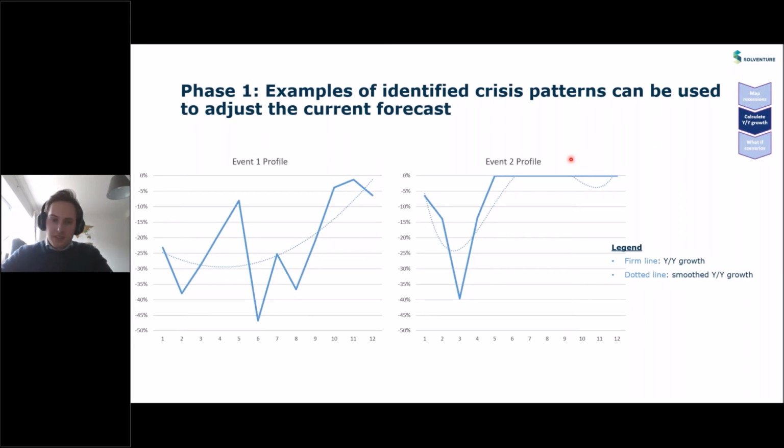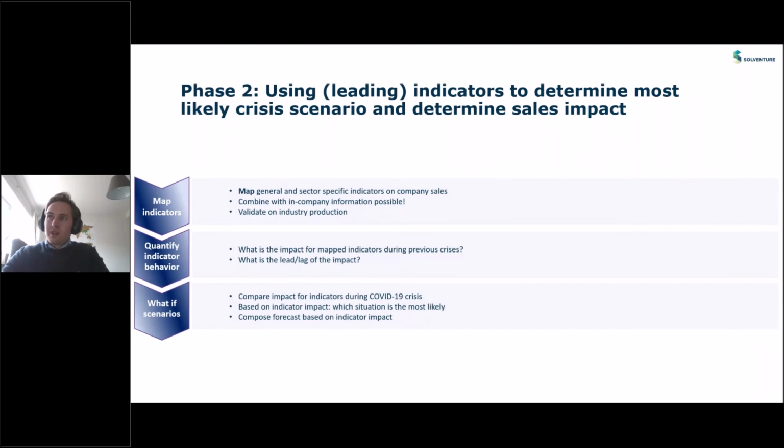And of course, the next question is, okay, I've made those scenarios, but which scenario is most likely to happen now? So this is what we did in our phase 2. And this one here, we use leading indicators to determine the most likely crisis scenario. So what we do, we actually mapped leading indicators.